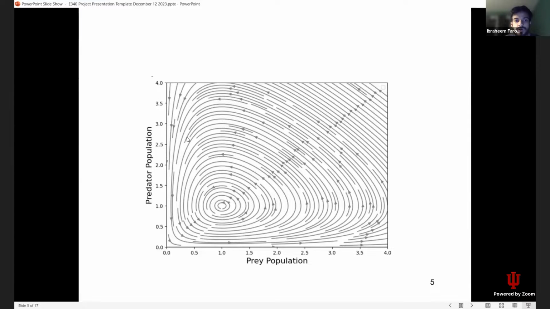And when there's low prey, then the predators will start dying because they're not able to capture food and eat as effectively. And then we get to this scenario where there's low predator and low prey. And if there's low predator and low prey, prey will be less likely to be predated on, and they will grow, and you get this kind of cycle.